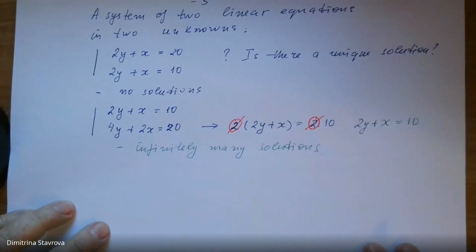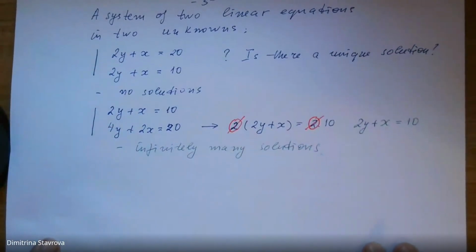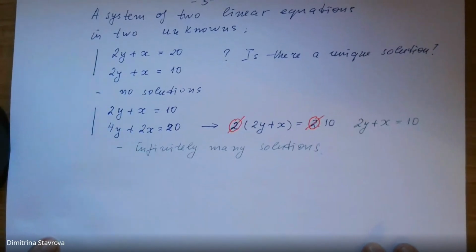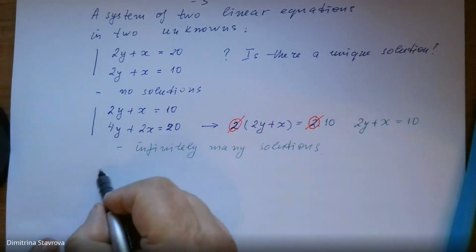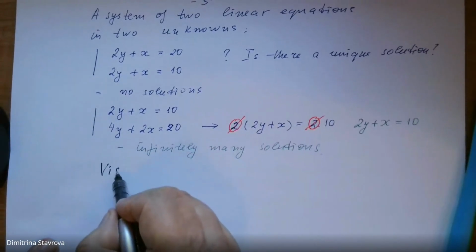So we might think, well, are there at all systems of linear equations that do have a unique solution? In order to have a little bit more visual approach and understanding, I would do the following.